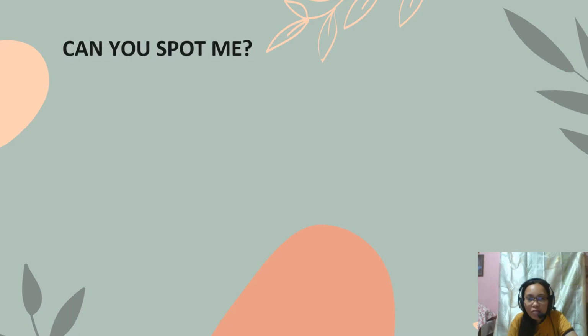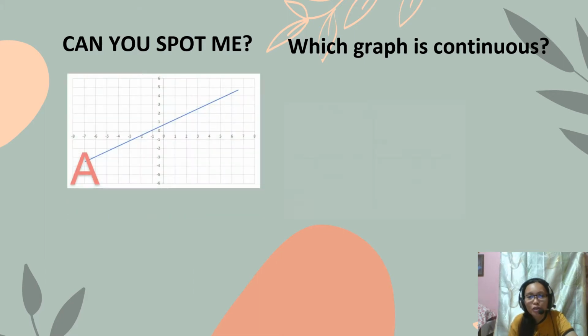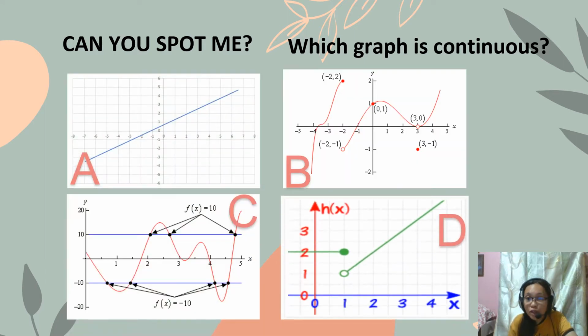All right, so going back, I said let's define it mathematically. To help you with that, let's have the next activity, and that is, Can You Spot Me? What are you going to do? You have to identify which of the following graphs is continuous. I have here 4 graphs.